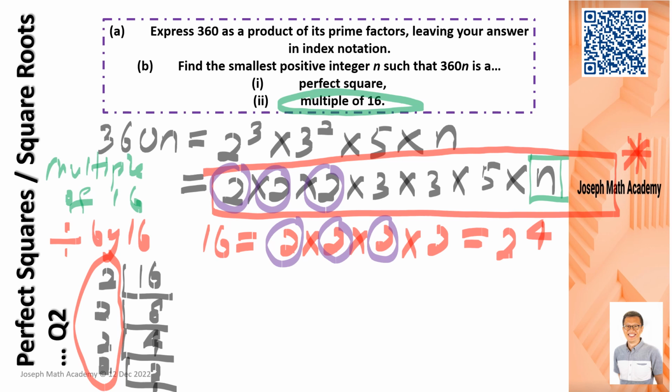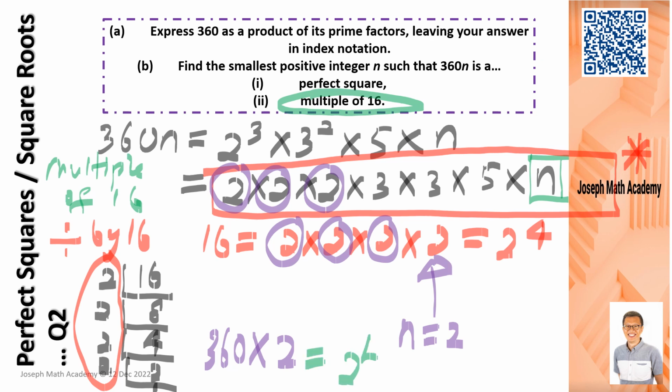So in order for 360 to be a multiple of 16, we have to multiply by n, and n is the value 2. When you multiply 2 to 360, what are we doing? Let me rewrite nicely.